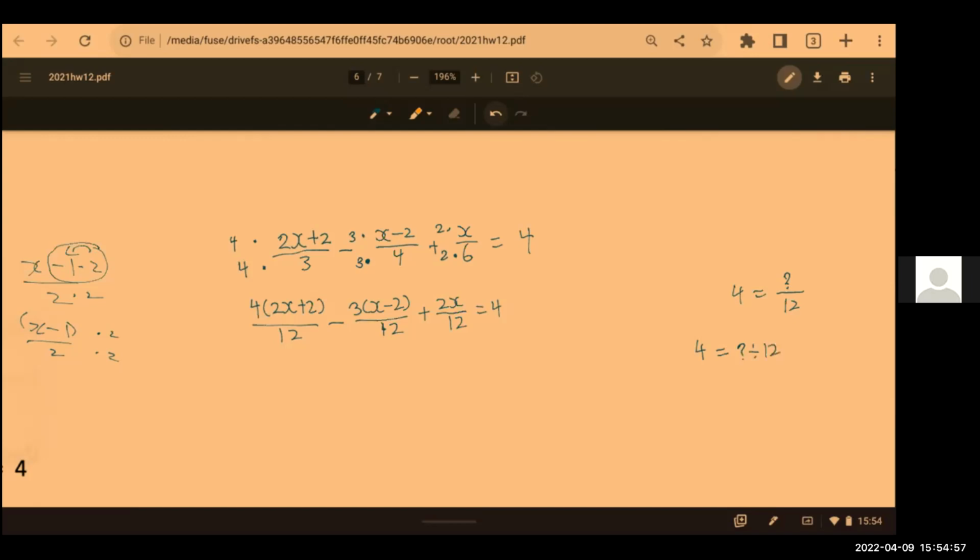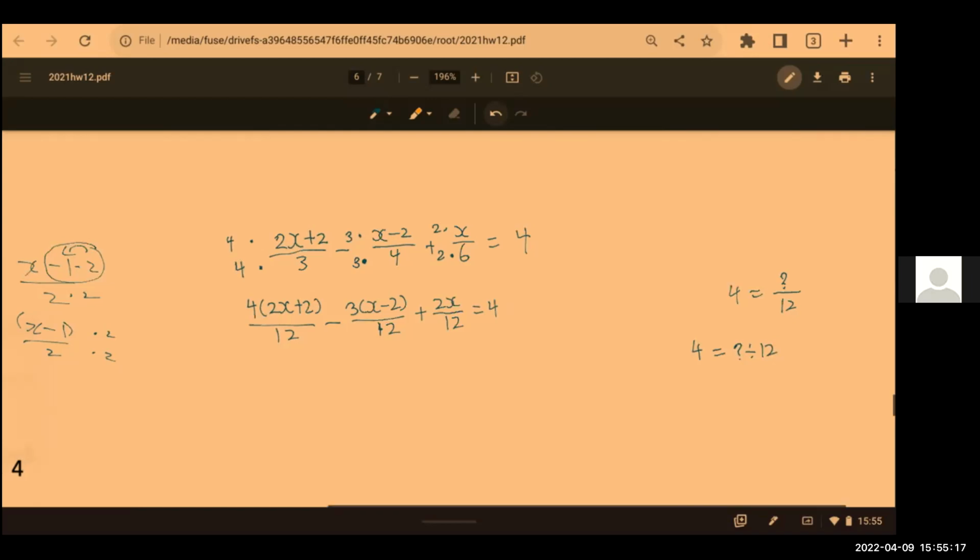You use a simple example. What simple example can you give yourself? Something equals something divided by something. Give yourself a simple example now, quick. Correct.